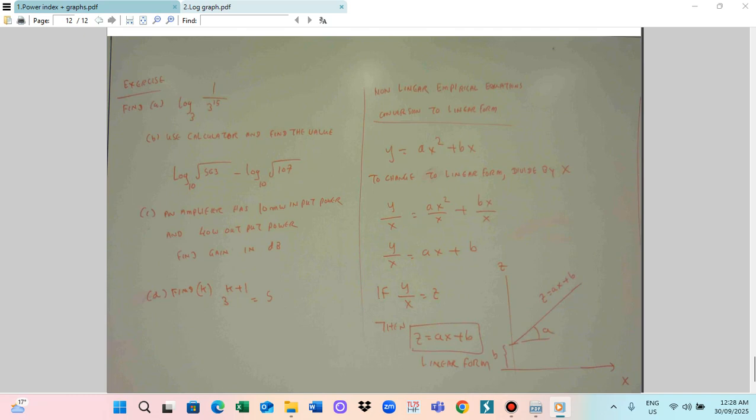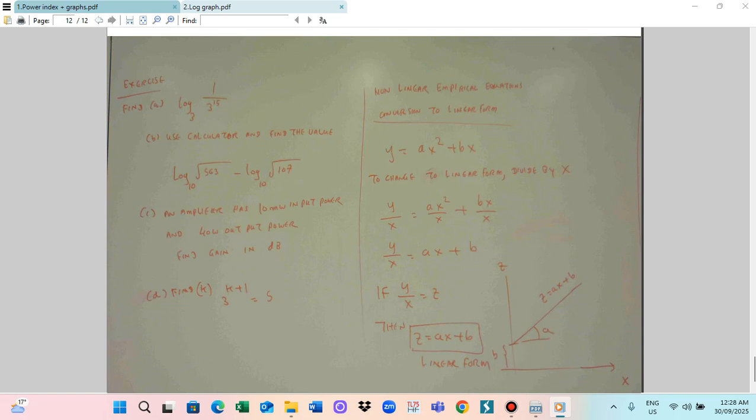Okay, so we calculate. The question is evaluate log 81 base 3, without doing any table.